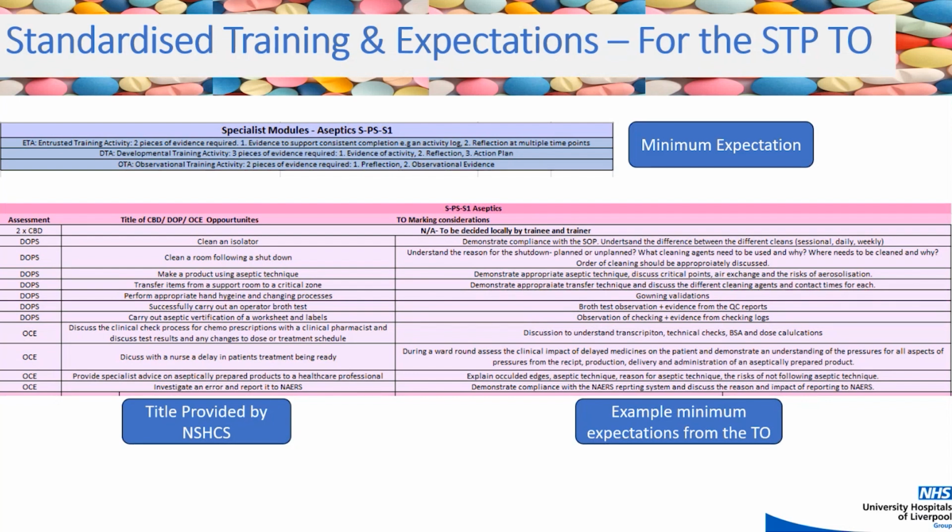You have your title provided by the National School of Healthcare Science. So obviously that is the title of that training activity. Then you have your example minimum expectations from the TO. So this particular bit here is just for the CBDs, the DOPs and the OCEs. So if you like to continue through, and I'll continue with the breakdown of this slide.